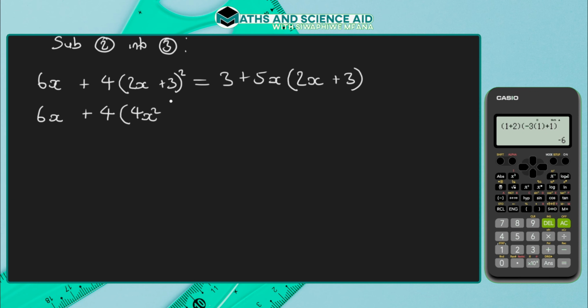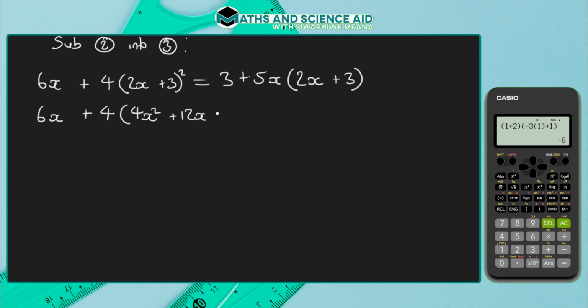And then we need to find the middle term. And to work out the middle term, we need to multiply these two terms together and then multiply by 2. So 2x multiplied by 3, that's equal to 6x, and then 6x multiplied by 2, that is equal to 12x.